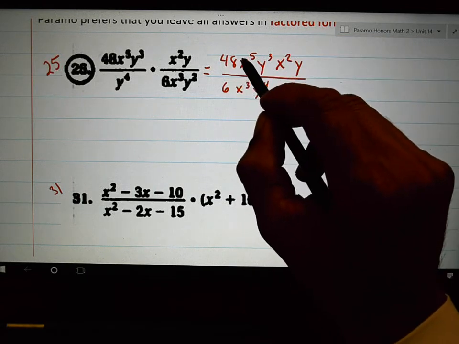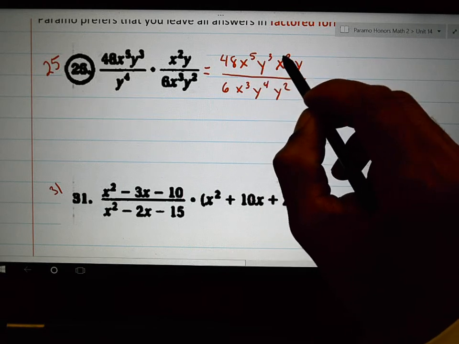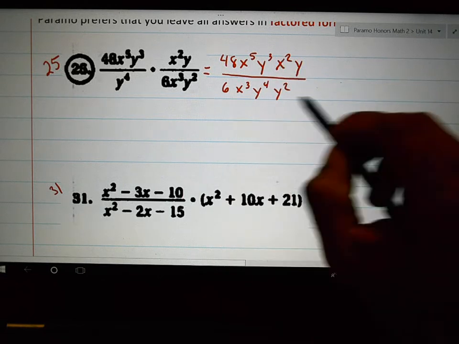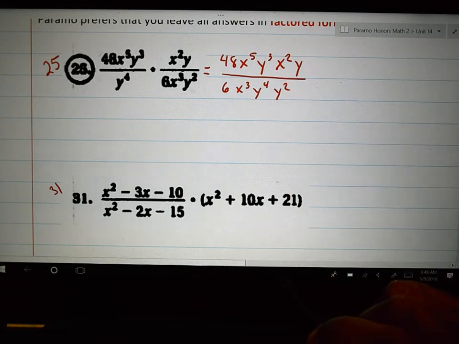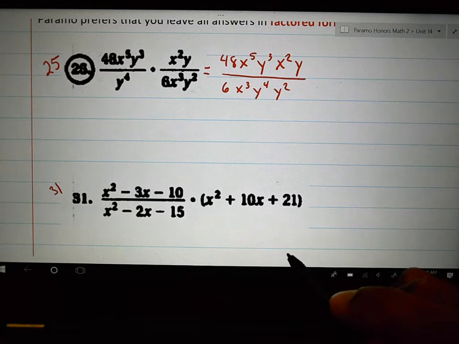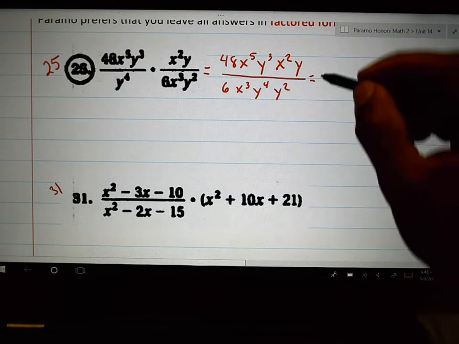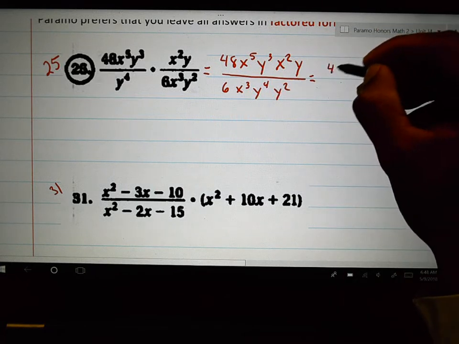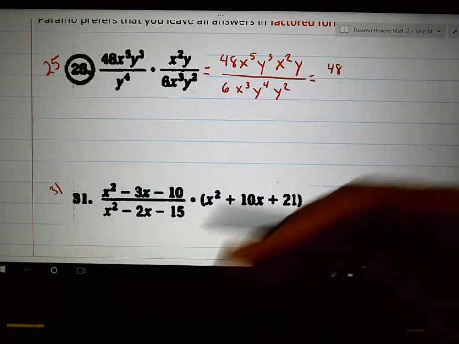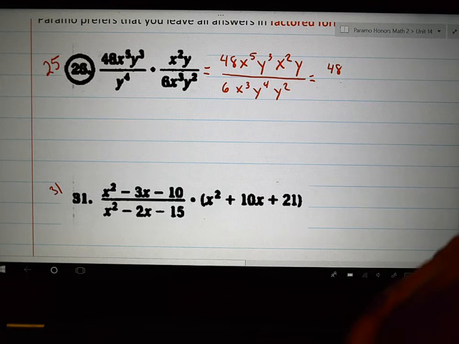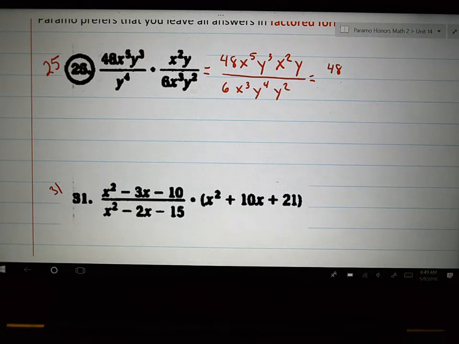This is multiply, this is multiply, this is multiply. They're all multiplying each other. So right off the bat, I can make things smaller before I make them larger. I can either start reducing right away, or I can start putting things together right away. And I'm going to reduce.